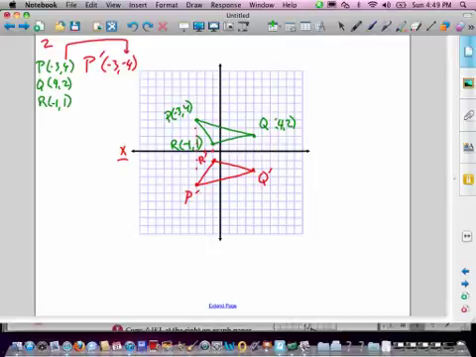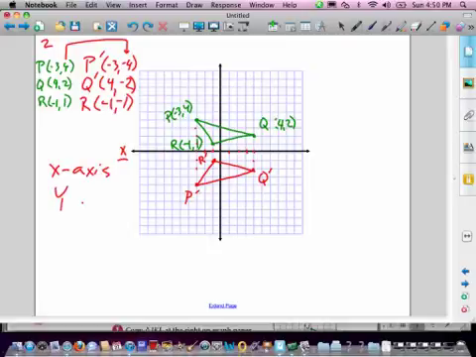So if we look at Q prime, it's going to be (4, -2). So you can see it's 1, 2, 3, 4, -1, -2. So (4, -2), and R prime is going to be (-1, -1). So when we're reflecting over the x-axis, we can simply take the opposite of the y coordinate to find that point.